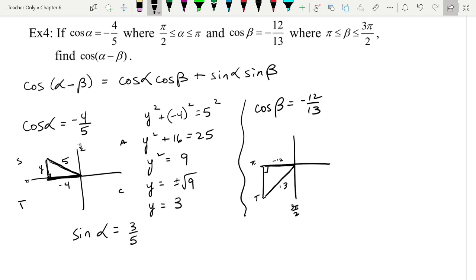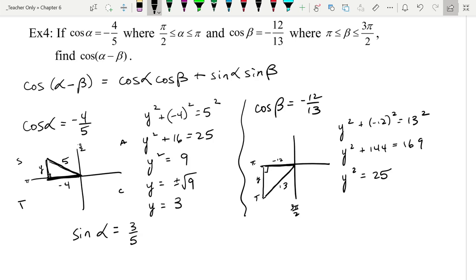So I need to figure out what the y is. So y squared plus negative 12 all squared is equal to 13 squared. Y squared plus 144 is equal to 169. And again, some of you probably knew when you saw the 12 and the 13 that it's a 5, 12, 13. But in case you didn't, or in case you see one later that's uglier numbers, you want this example to look back on, here's the math.